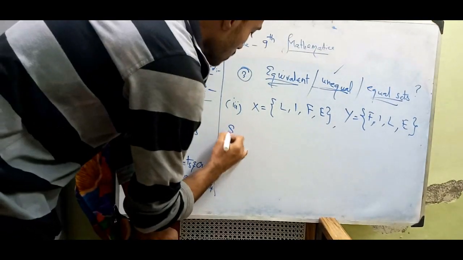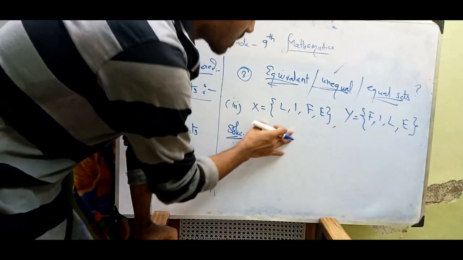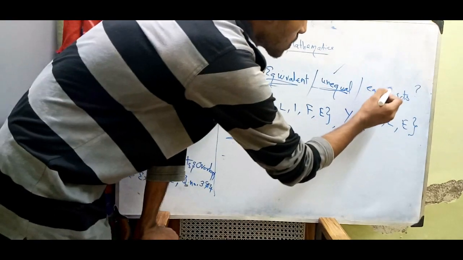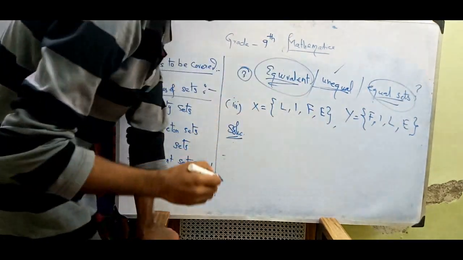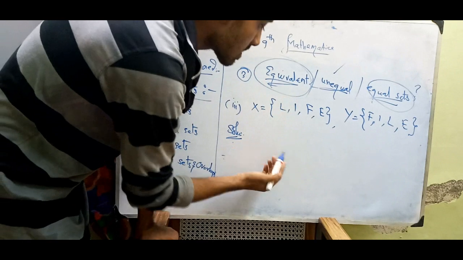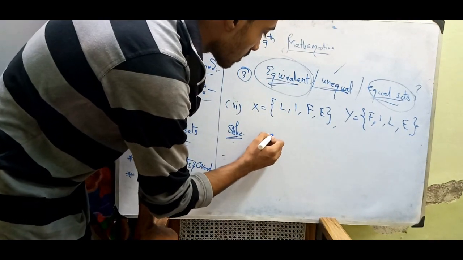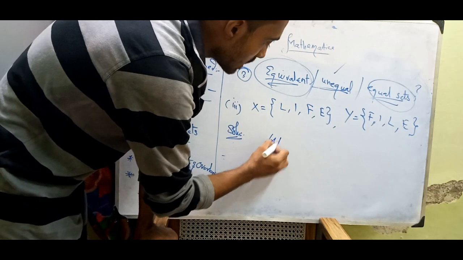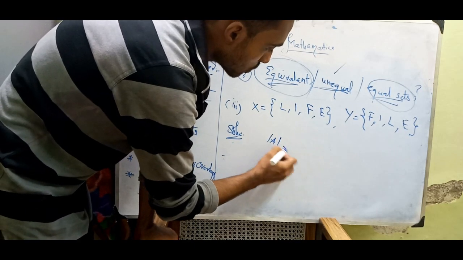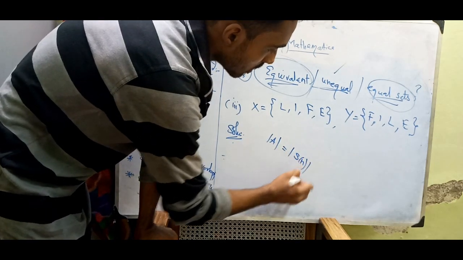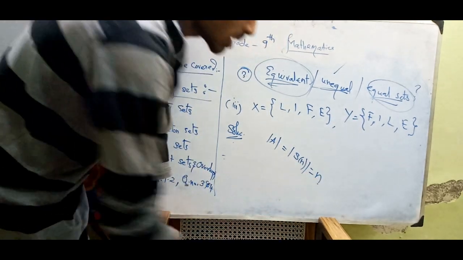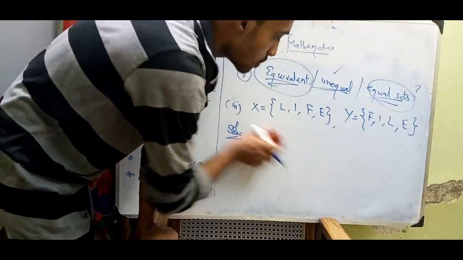So for the solution, this is a good example for not being confused about equal sets and equivalent sets. An equivalent set is when the cardinality of A is equal to the cardinality of B, and that is n.